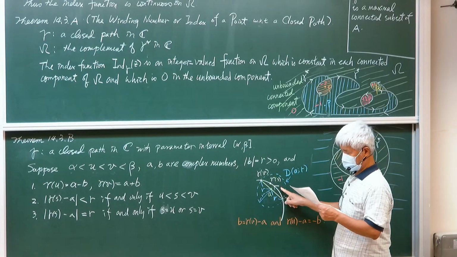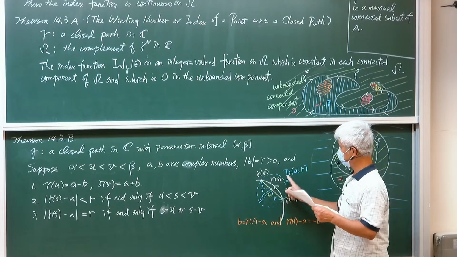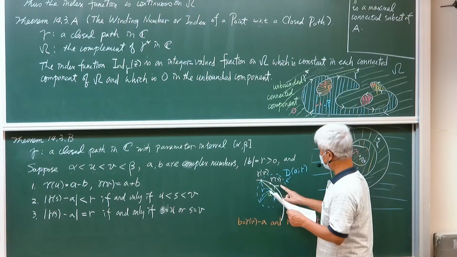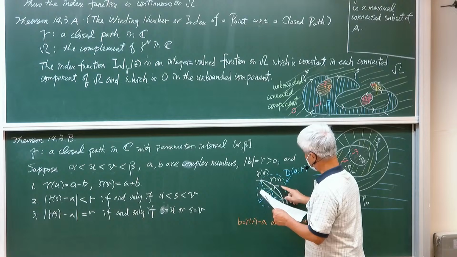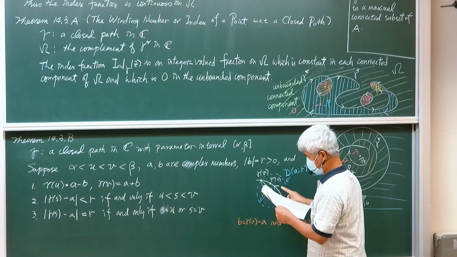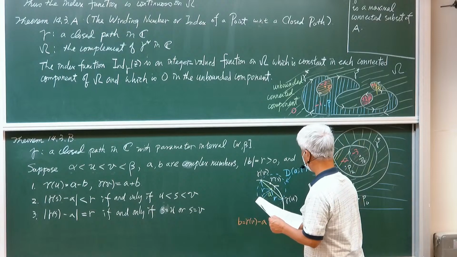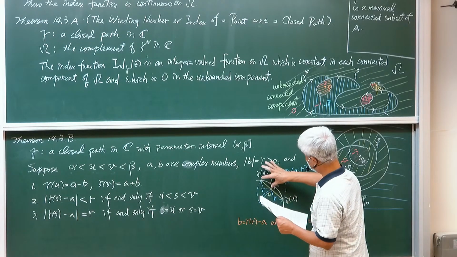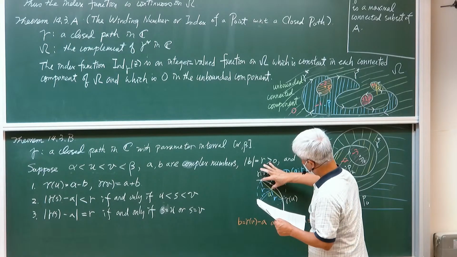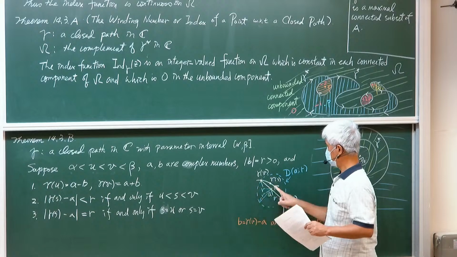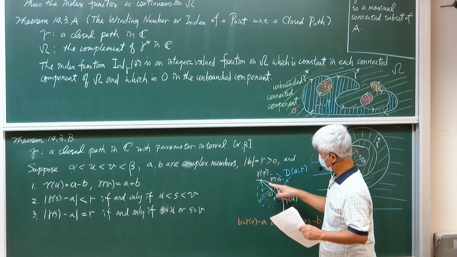We will indicate A plus BI. B is this vector, okay?